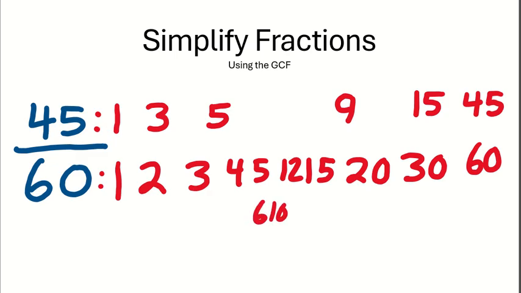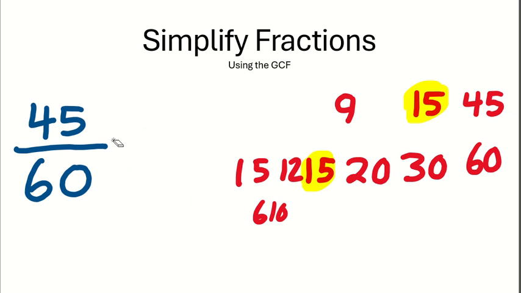I do apologize for running out of room, but all we need to look at is the largest number that appears on both lists, and that number happens to be 15. Believe it or not, that's a 15. So, 15 is our greatest common factor. Let's go ahead and clean this up.